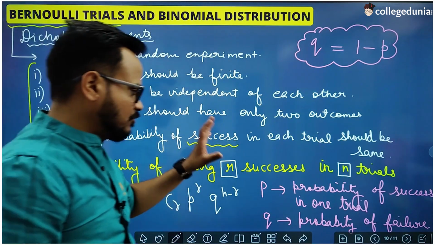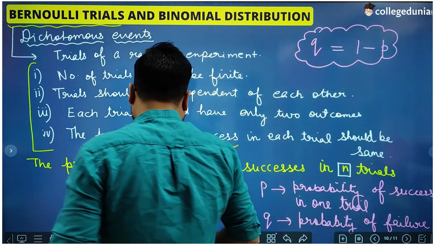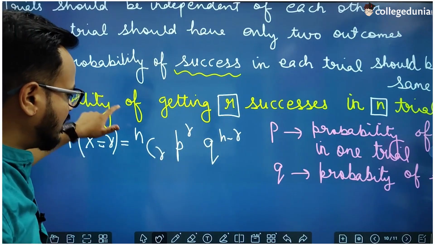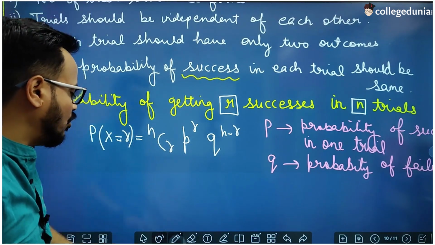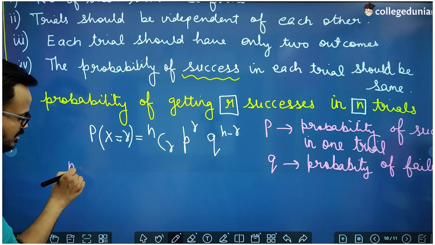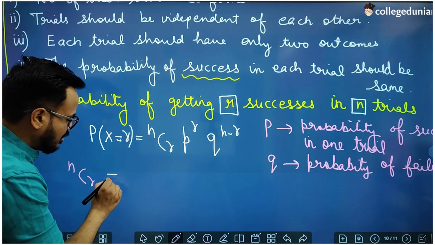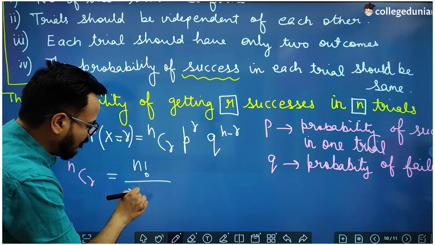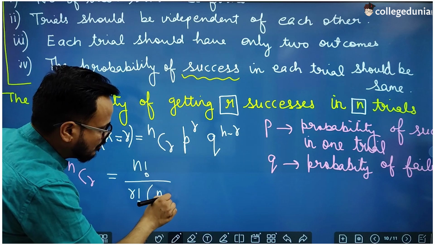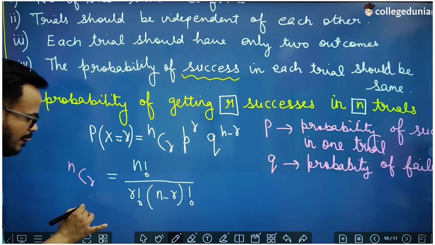For example, what is nCr? nCr is simply the combination coefficient which you have studied in binomial theorem in class 11th, or permutations and combinations. The expansion of nCr is n factorial divided by r factorial into n minus r factorial.